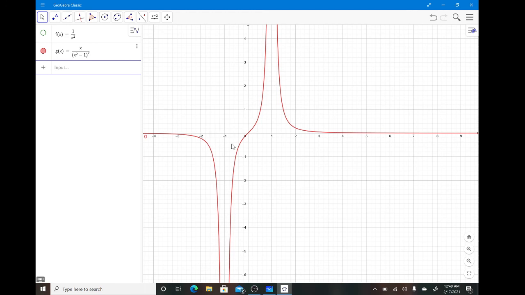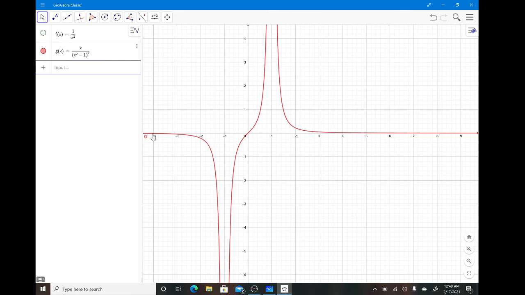Similarly, if you look at minus 1, as the x values from the right get closer and closer to minus 1, the y values on the graph begin to get closer and closer to minus infinity. They begin to get very big in the negative direction.